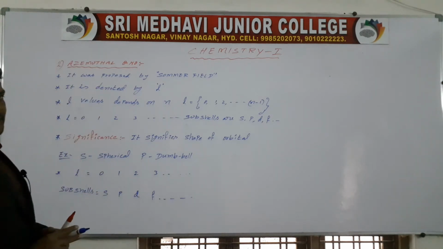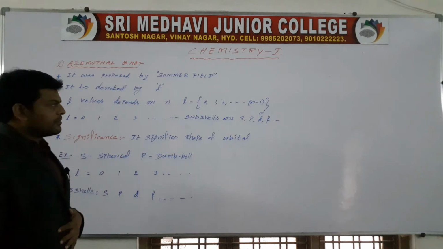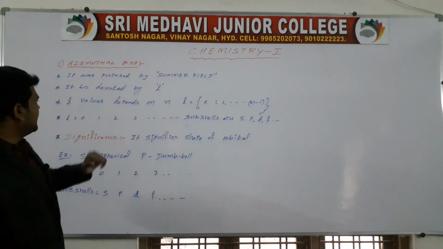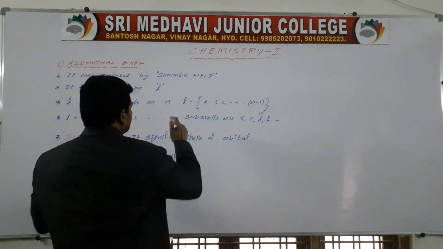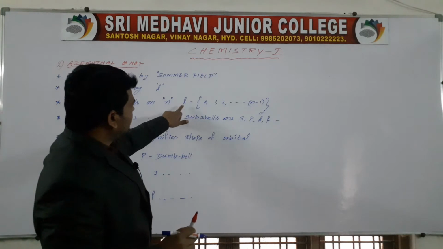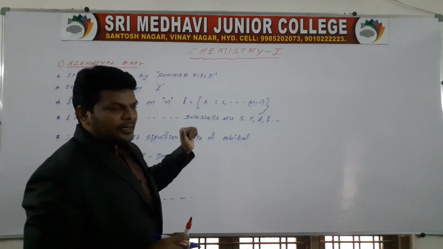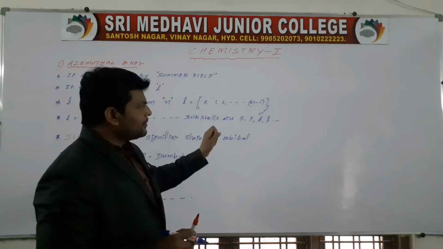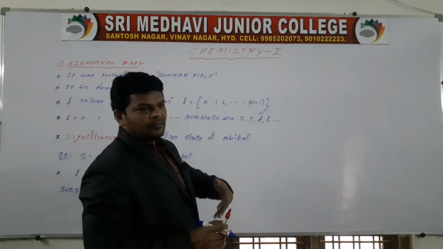This is the azimuthal quantum number. It was proposed by Sommerfeld. It is denoted by L. L values depend on n, where n is the principal quantum number. The n value starts from 1 and L value starts from 0; n values end with n, L values end with n minus 1.